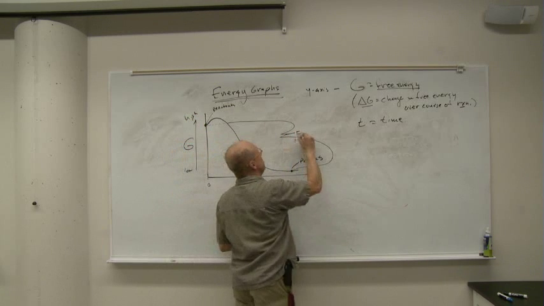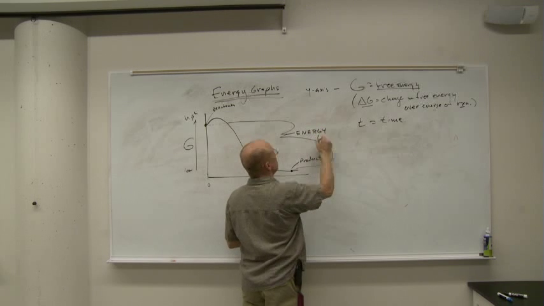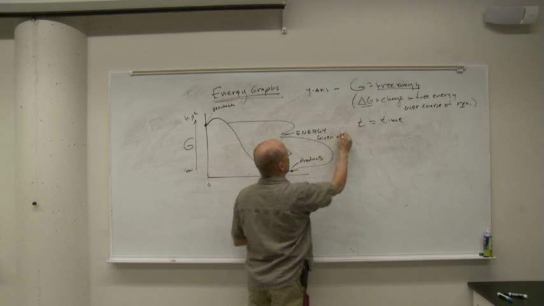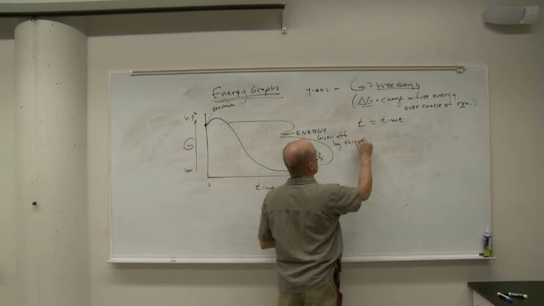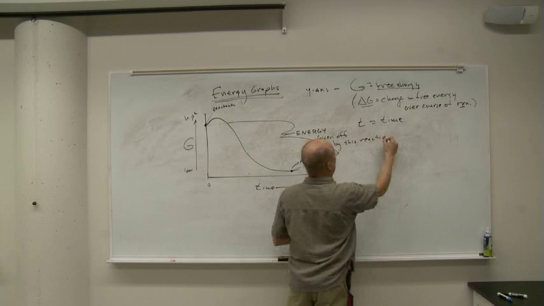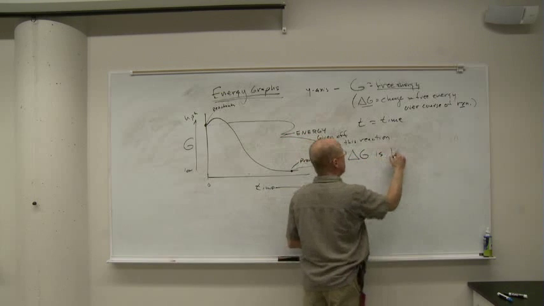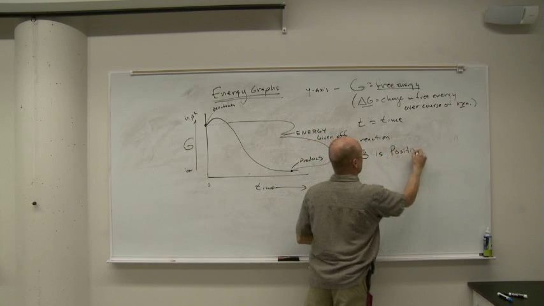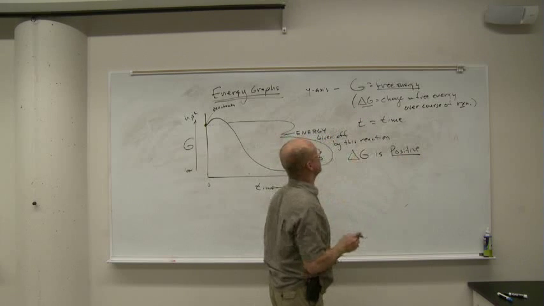This is energy given off by this reaction. We would say here that the delta G is positive. Therefore, we should figure out how to calculate delta G.